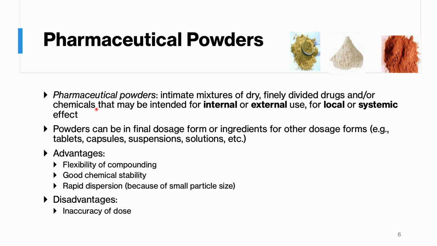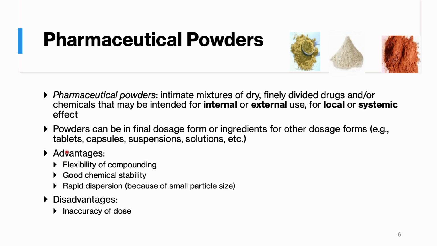Pharmaceutical powders are intimate mixtures of dry, finely divided drugs and or chemicals that may be intended for internal or external use, for local or systemic effect. Powders can be in final dosage form or ingredients for other dosage forms. In case powder is an ingredient, it is used to make tablets, capsules, suspensions, solutions, etc.